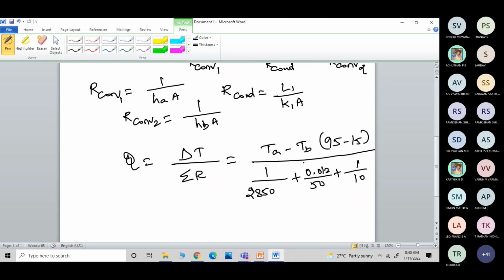So you can just rub it off also. So find out Q. It will be in watt per meter squared. How much is it? 80 divided by these values. 0.012, this is 2.